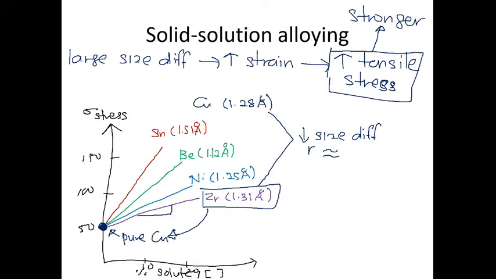But here when you look at the percentage or concentration of the solid, if you have 10% and then compare with 20% of zinc inside the copper, you can find the stress is increasing.